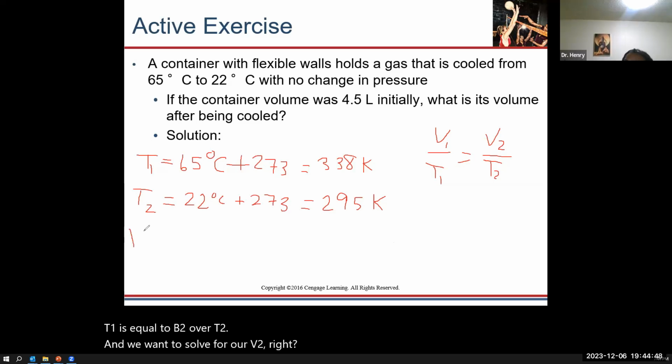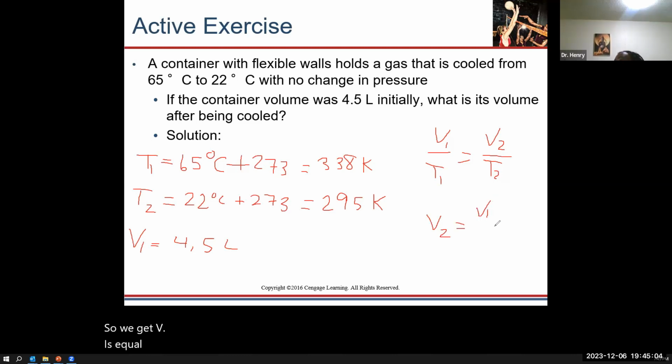Because we know V1 was 4.5 liters, we get V2 is equal to V1 over T1, and then we have T2 on top.